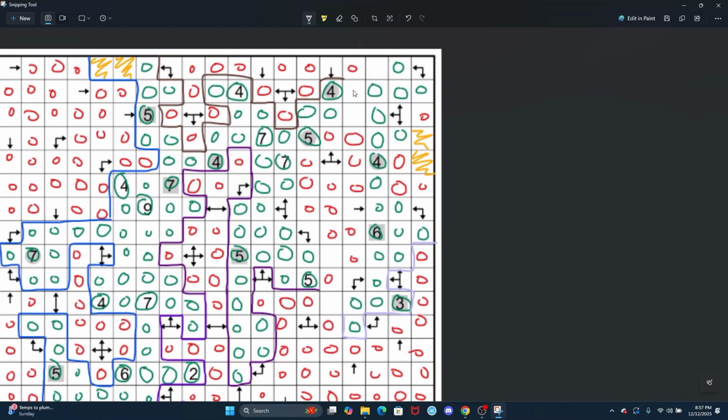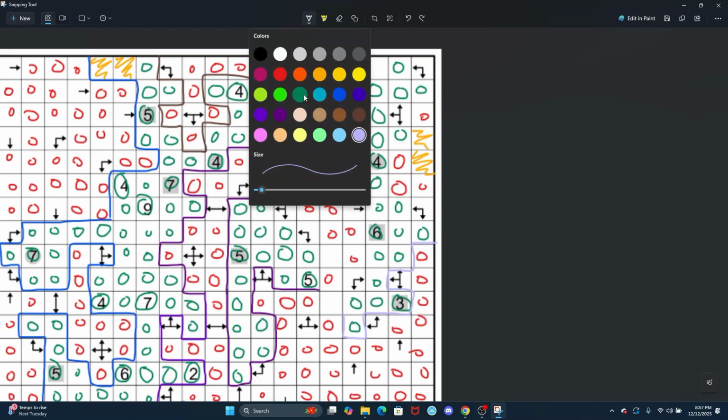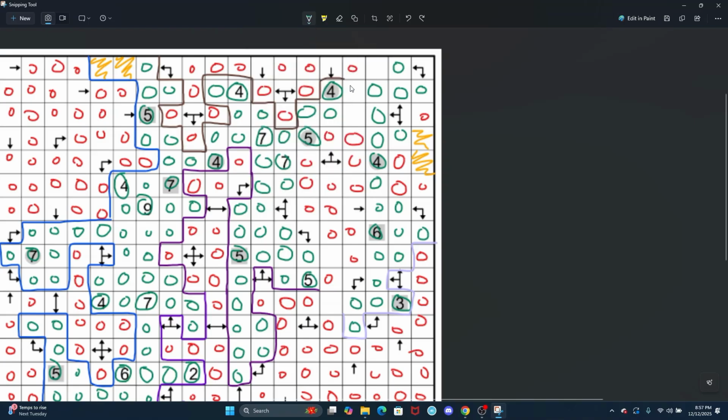So this 4 means that at least one of these is a green, so it would be connected, right? So if this were green and this were red, that can't happen because from this 5, we know that one of these tiles is green, right?